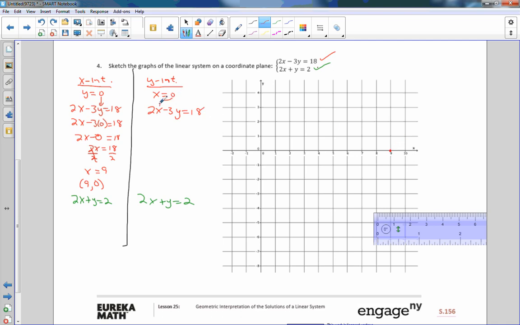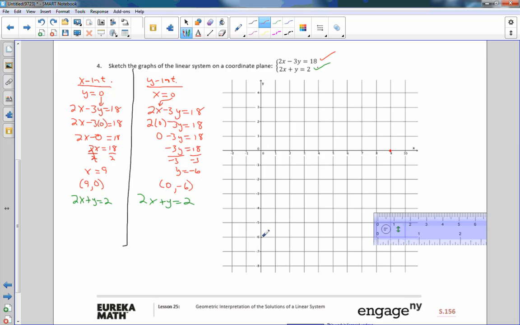Do the same here, and plugging in 0 for x, I get 2 times 0 minus 3y equals 18. 2 times 0 is 0, minus 3y equals 18. Negative 3y equals 18, divide by negative 3, and y equals negative 6 when x is 0.